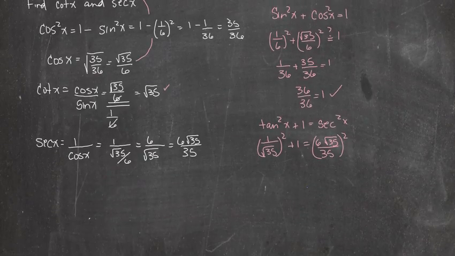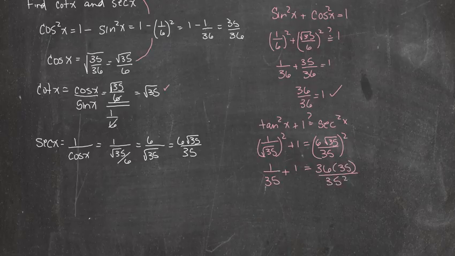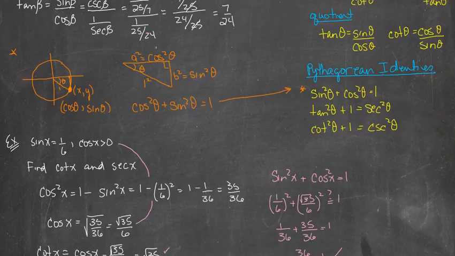Now, all I have to do is keep working to simplify. I get 1 over 35 plus 1 equals, and I'm not sure if this is equal, so I'm going to put a question mark, 36 times 35 over 35 squared. 35 cancels, and so I get, find a common denominator, 36 over 35 is equal to 36 over 35, and obviously I have the right answer all the way down my work.